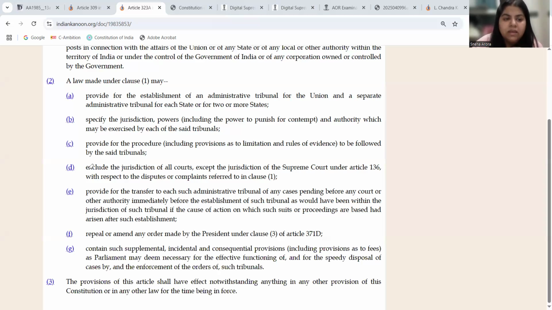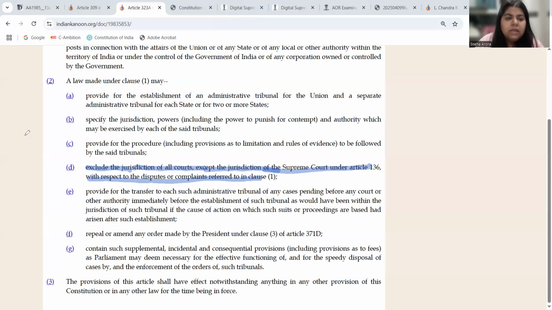Clause (d) is saying that a law made under clause 1, a law made by Parliament for a tribunal to adjudicate and try matters relating to public services, may exclude the jurisdiction of all courts except the jurisdiction of the Supreme Court under Article 136 with respect to disputes or complaints referred to in clause 1.